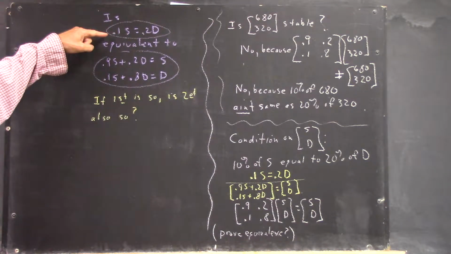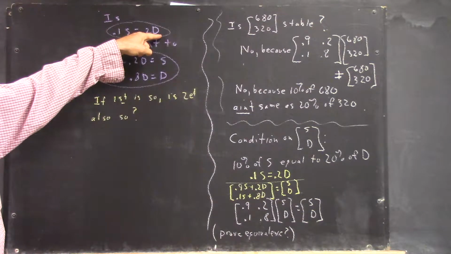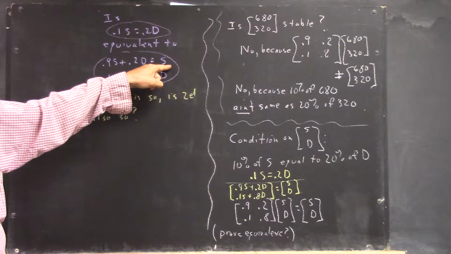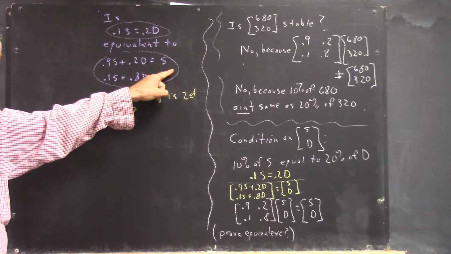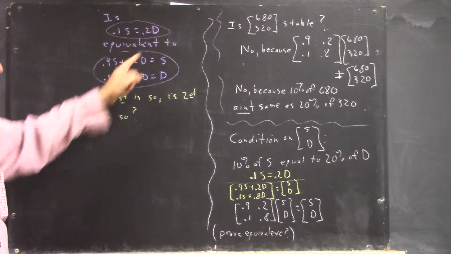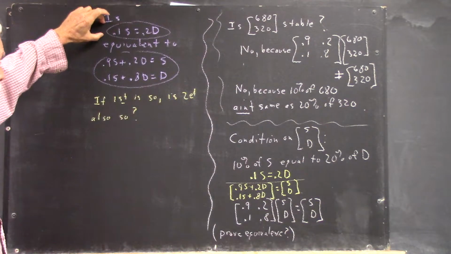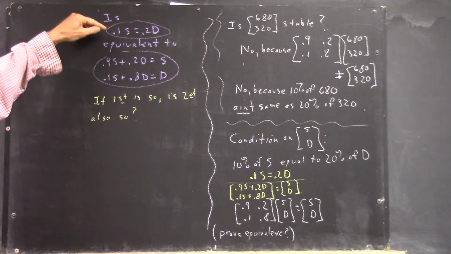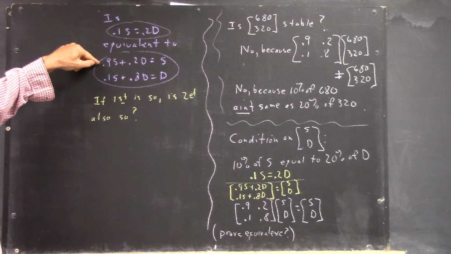But you get to assume this, 0.1 S equals 0.2 D. Can you show that this first equation is so? Given this condition, is this going to be so? Okay? And then, given this condition, is this going to be so? If so, then you can say, if this is true, then all this is true, right? So let's focus on this condition. Does this condition imply this equality?